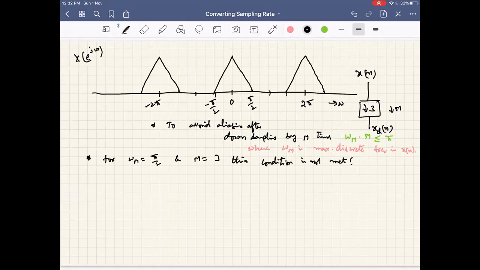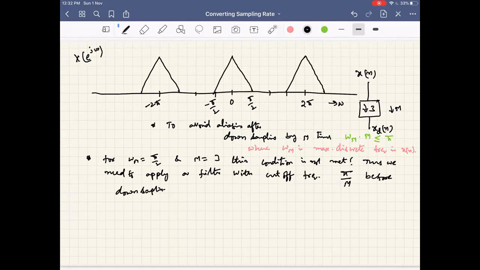Thus we need to apply a filter with cutoff frequency pi by m before downsampling.